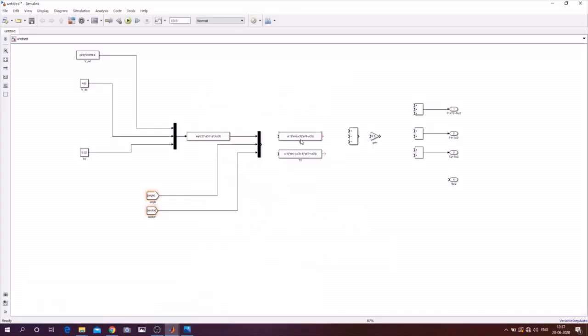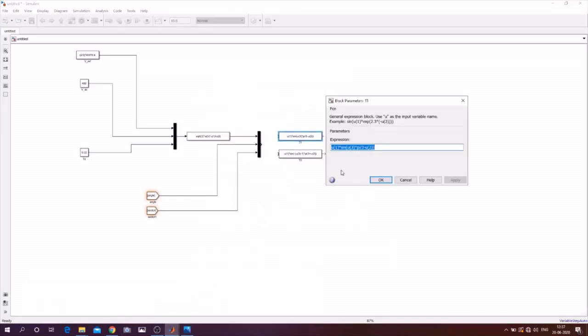Okay. So you see that what I have written over here, I have written the first one that will be multiplied.